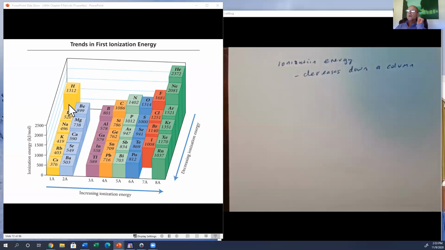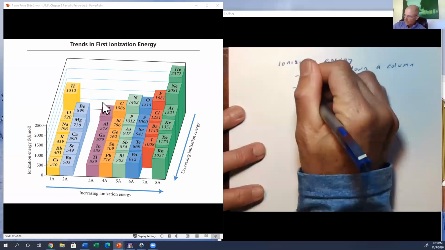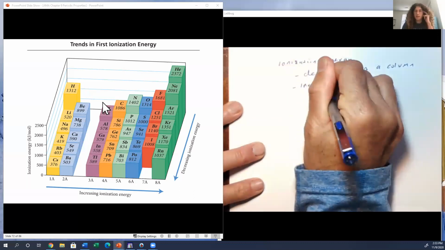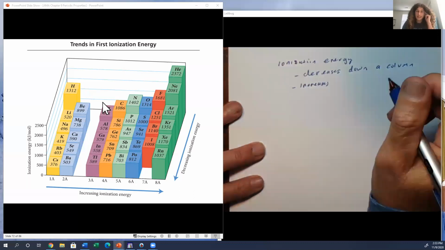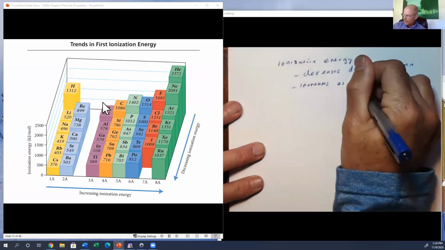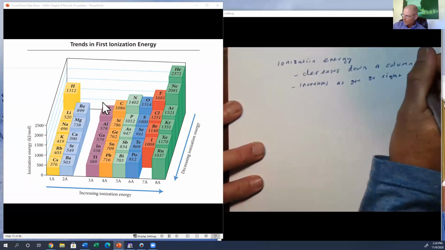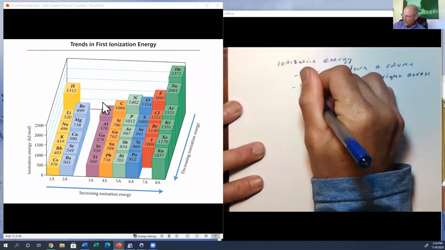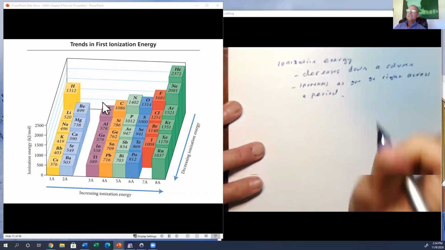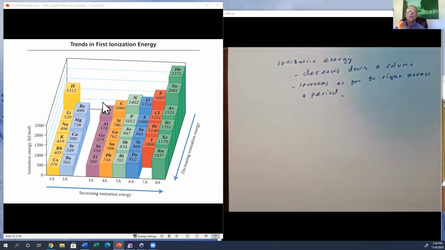Okay, so what about as you go to the right? What do you notice happens? It takes a lot more energy. It increases as you go right across a period. Why is the ionization energy increasing as you go to the right? What else is happening as you go to the right?